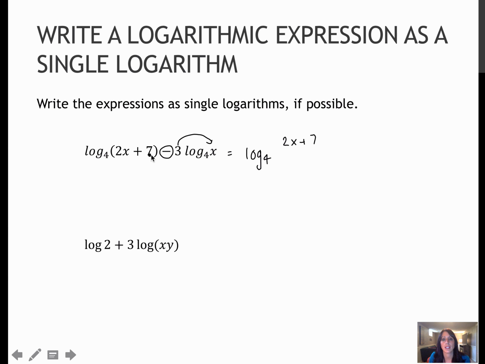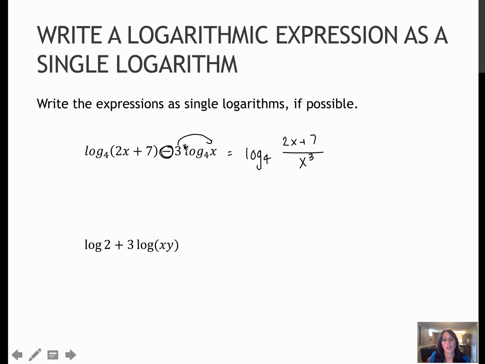Again, notice that wasn't expanded out. It was the log of that entire expression. The minus says the rest of this is going to go on the bottom of the fraction. And then it would be minus x to the third. So instead of 3x, the 3 becomes the exponent.